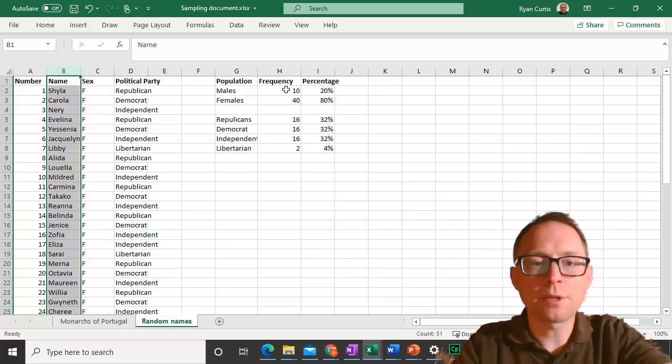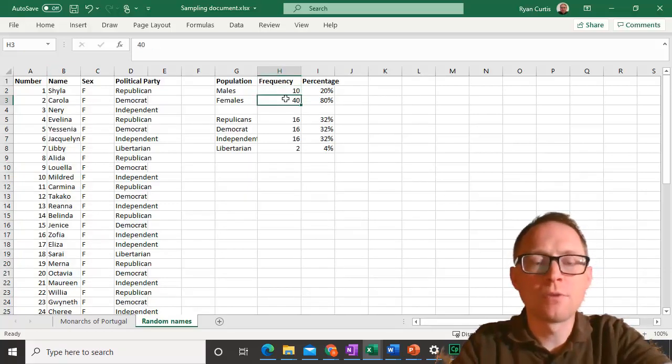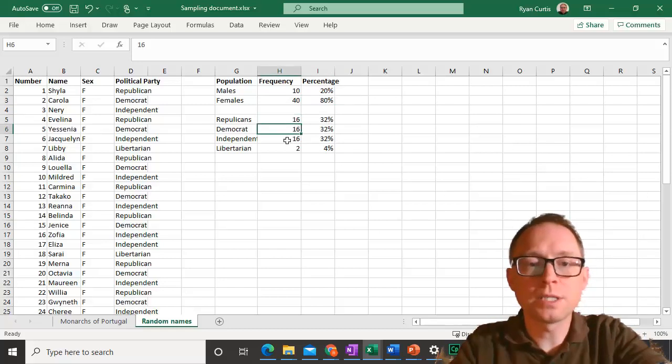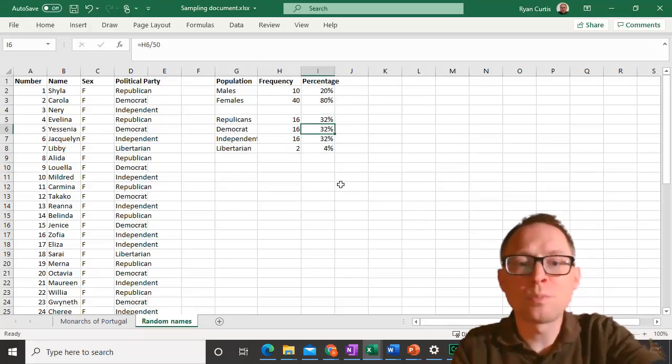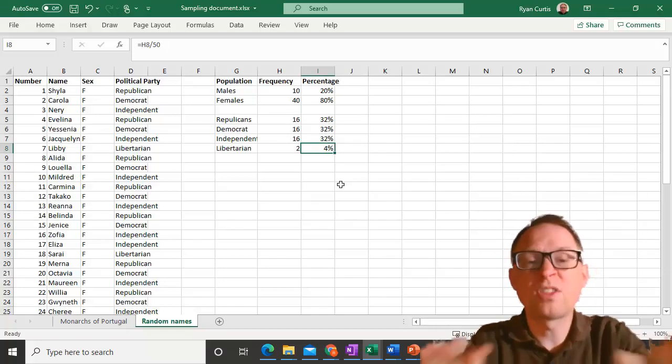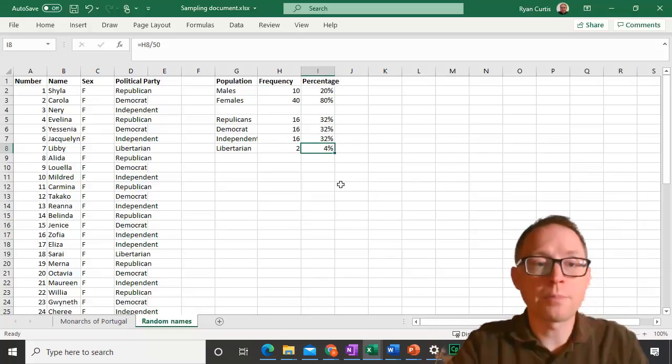Well, turns out that in the population, I have 10 males and 40 females. That means that in the population, there's 20% male and 80% female. In my population, there's 16 Republicans, 16 Democrats, 16 independents, and 2 libertarians. That means 32% Republican, 32% Democrat, 32% independent, and 4% libertarian. Okay, this is all for the population.